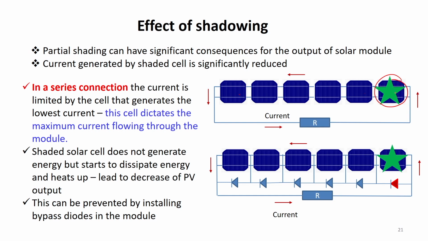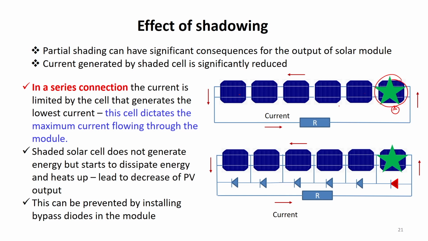The current generated in these cells will be very, very less, but when we are discussing about the power generated, this circuit will take the minimum current, even though other cells are generating the rated current, but the circuit will consider the minimum current which is flowing through these shadowed cells. Okay. In a series connection, the current is limited by the cell that generated the lowest current, and this cell dictates the maximum current flowing through the modules. That is the primary problem.